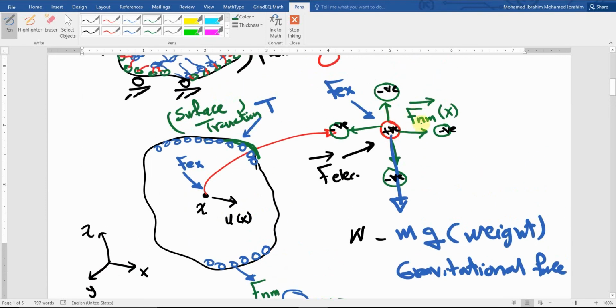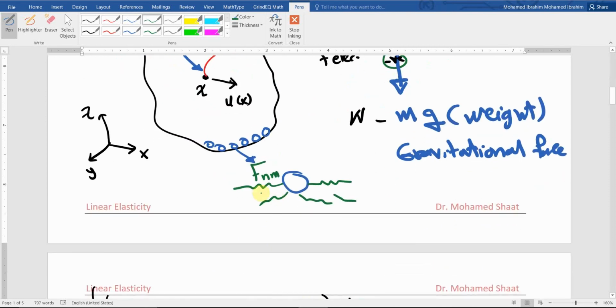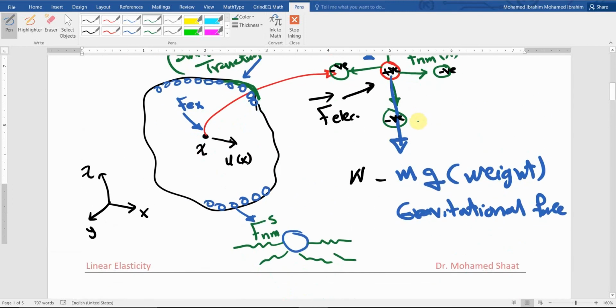The interaction forces between this particle and the other particles will definitely be different than this Fnm. So I'm going to call it Fnm surface, because this is just for the particles located over the surface. Make sense?